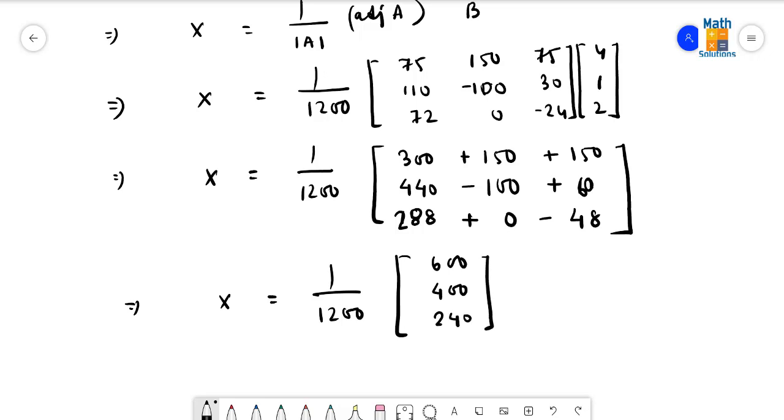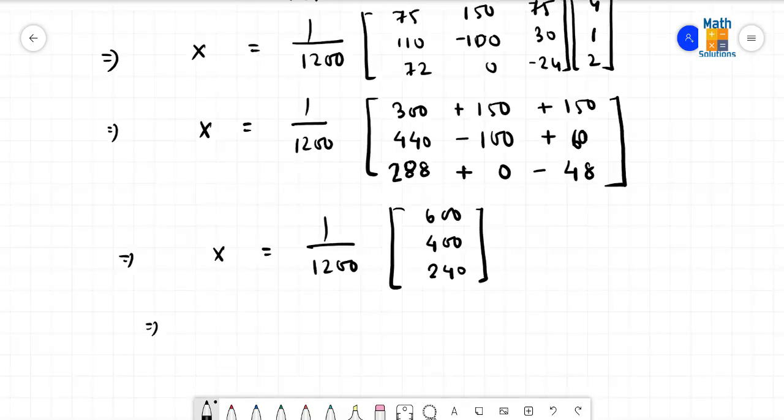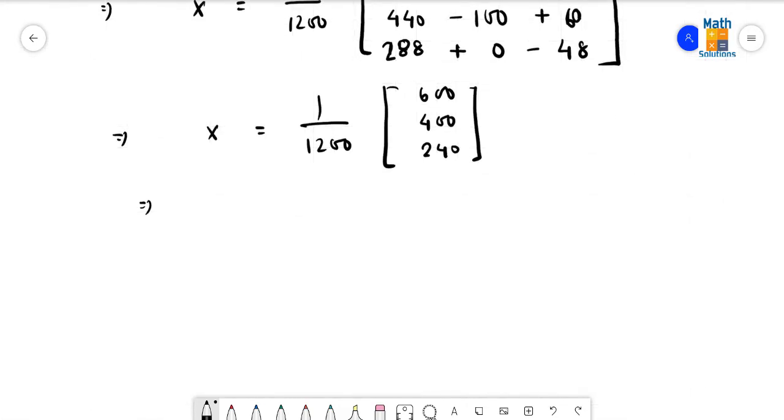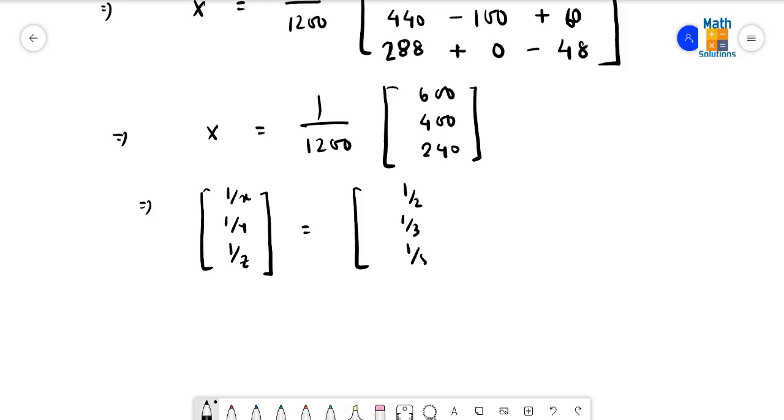Then by scalar multiplication, what I would get, here X will become 1 by x, 1 by y, 1 by z. That is equal to, I get here 1 by 2, 1 by 3. Then after, the result comes as 1 by 5 on cancellation.